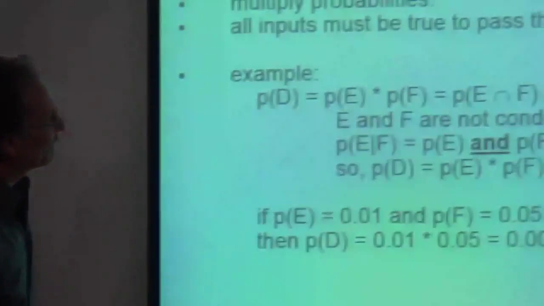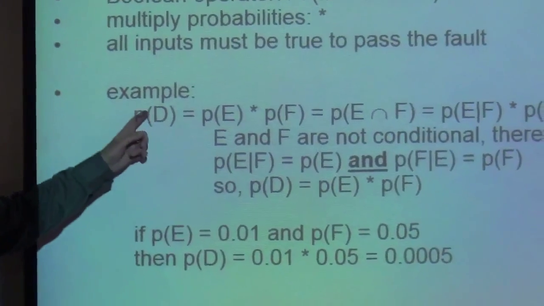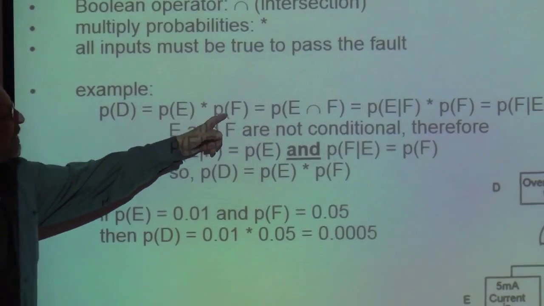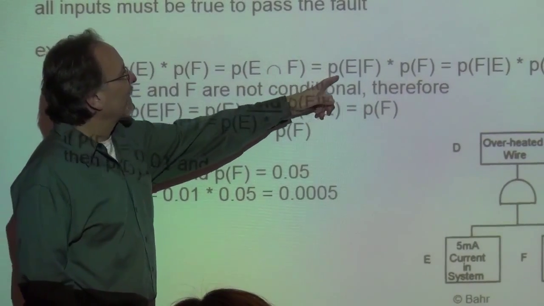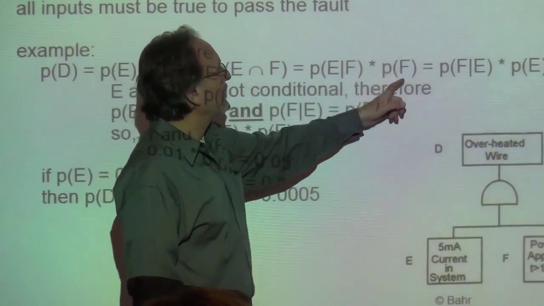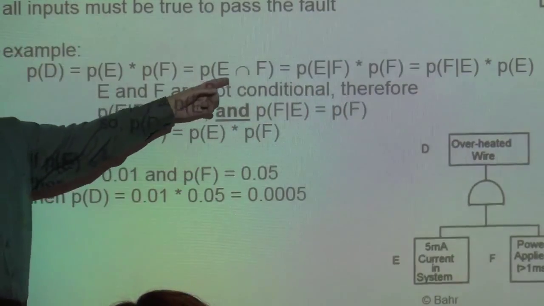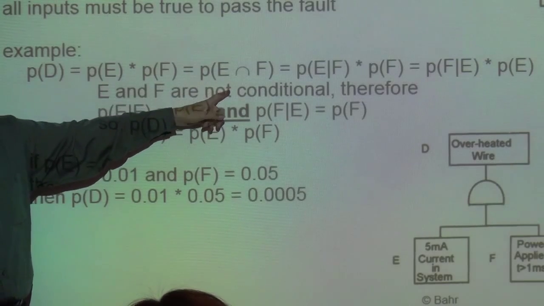So if E and F are independent, then the probability of D is E times F, or E intersect F, or E given F times the probability of F, or F given E times the probability of E, because you remember the result from Bayes theorem, right?